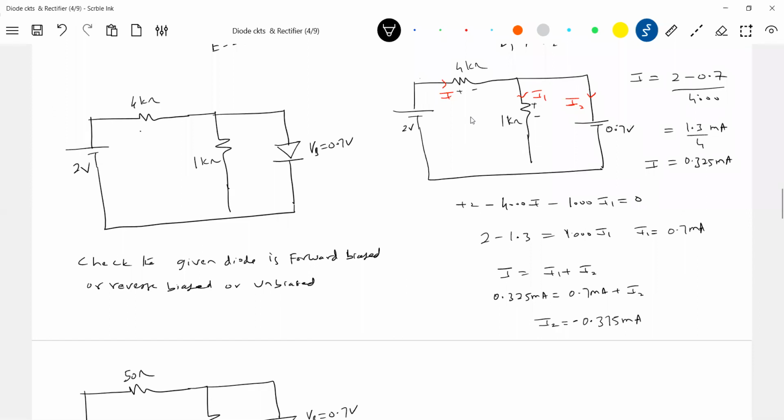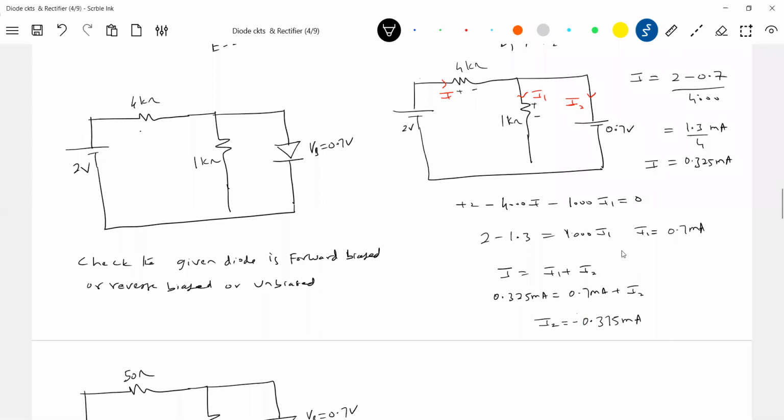Diode is reverse biased, or unbiased it is. Now what shall I do with this? Diode is reverse bias, unbiased, or forward bias. At least one thing, to check whether it is reverse bias or forward bias.